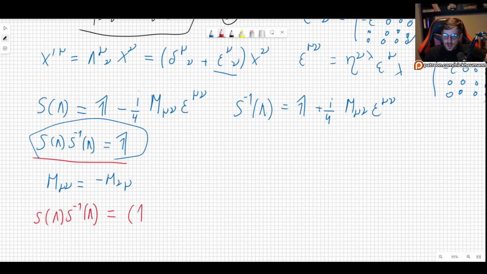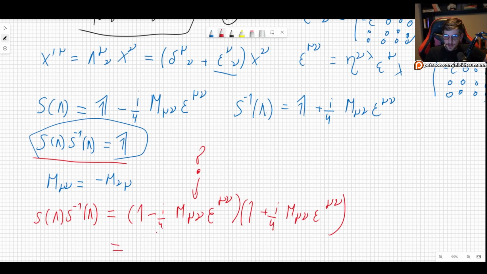So this would be 1 minus i over 4 times this matrix. We don't know what this matrix is, it's a question mark. We want to find it. That's one of the things that we are doing now. So this is minus i over 4, M mu nu, epsilon mu nu. And then we multiply this by 1 plus i over 4, M mu nu, epsilon mu nu.